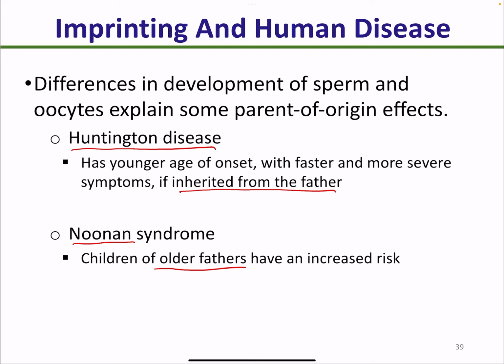So being old in age for a male is an increasing risk for having a child with Noonan syndrome, which is not a very common syndrome, but a syndrome with developmental issues. So that's about what we have for this chapter.